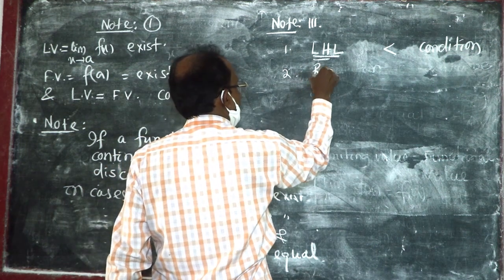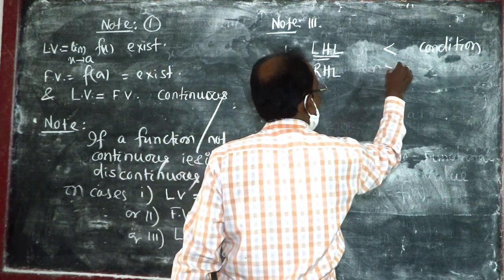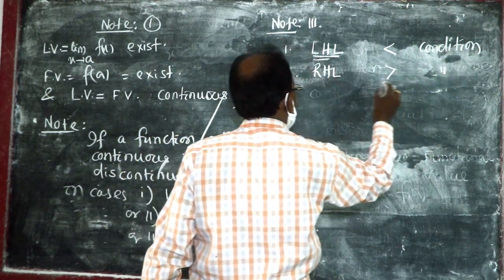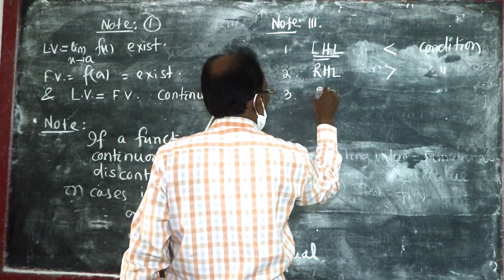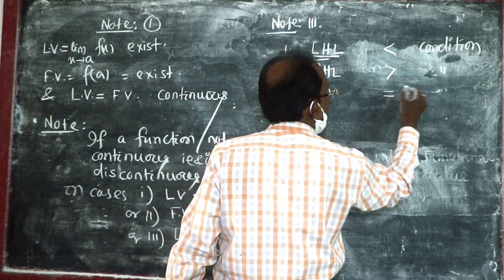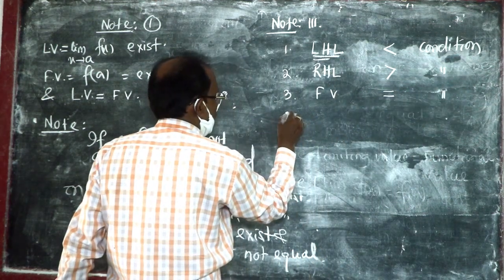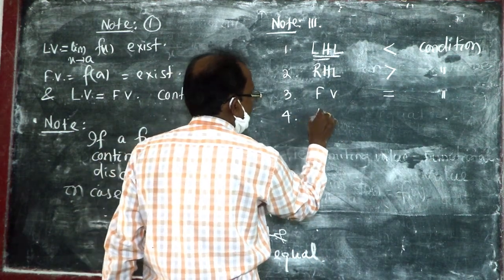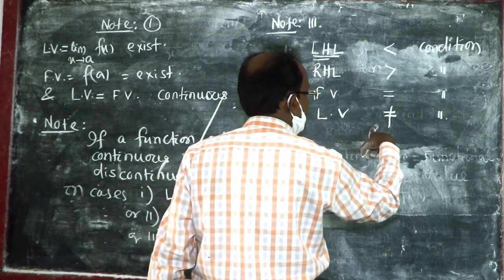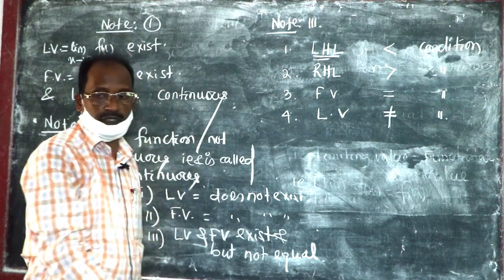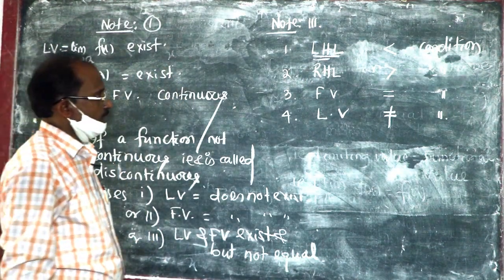In case of right hand limit, we have to take the greater than condition. For the functional value, we take the equal condition, and for the limiting value the not equal condition, which may be less than, greater than, or not equal.